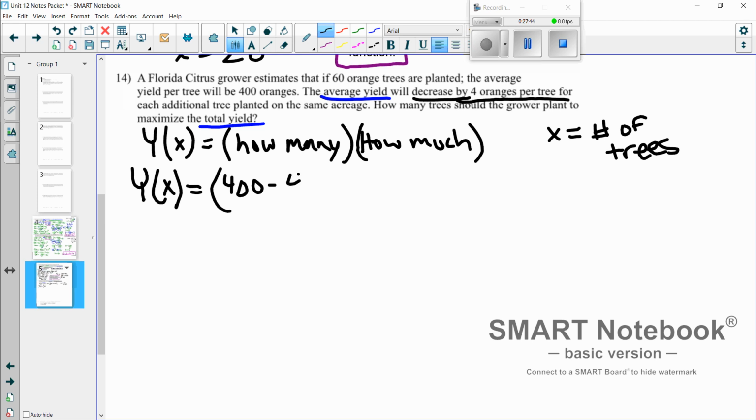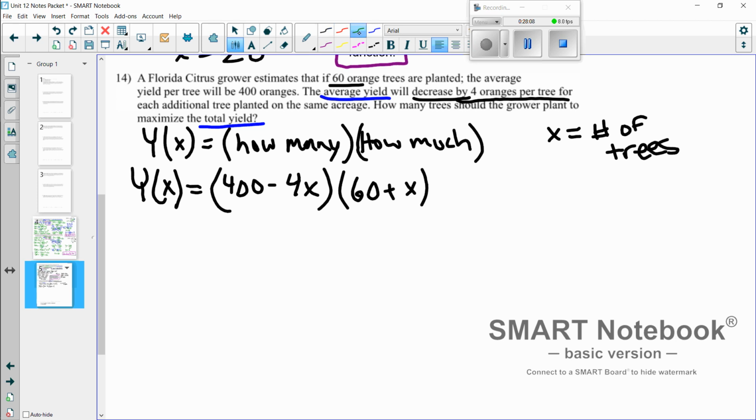So minus 4x. Well, how many trees, though? Well, we started with 60. So this then would be 60 plus the additional trees we're going to decide on planting, to maximize our total yield. So I hope this makes sense.